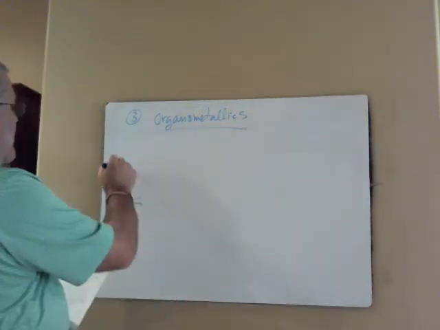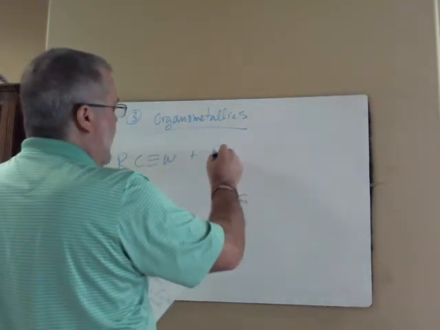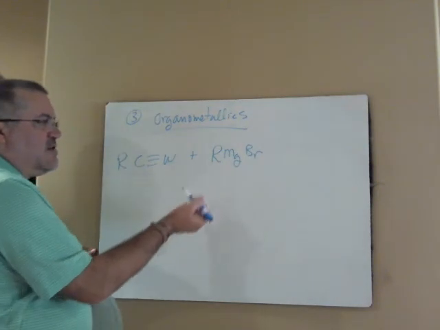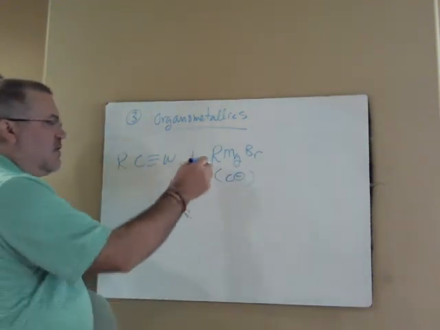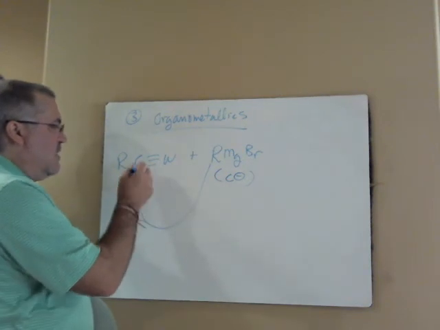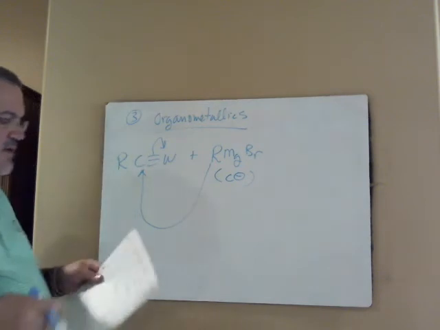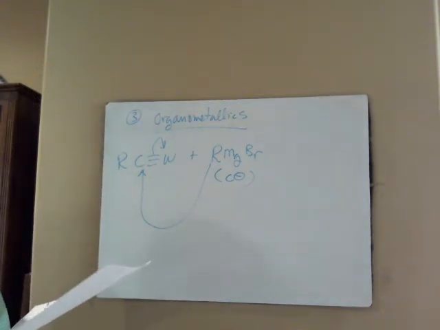And so if we have our generic nitrile, we can react it with a Grignard reagent. Grignard reagent is the equivalent, remember, of just a carbon nucleophile. So your R group is going to react with the electrophilic side of the nitrile, breaking the pi bond, moving the electrons out. Okay? And so what do you think the product's going to end up being?